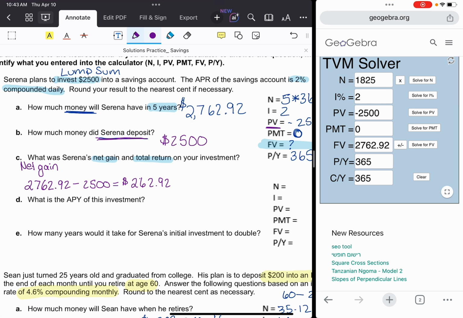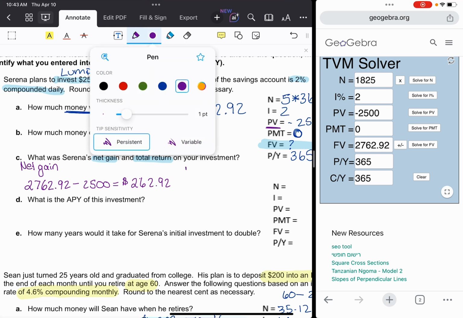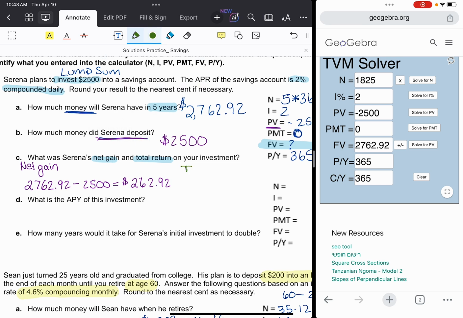Total return, remember, is just a fancy way to ask for your relative change. I'm going to switch colors again. So total return. And so you take your absolute change, that $262.92, and divide it by your original amount. And we want to turn that into a percent.